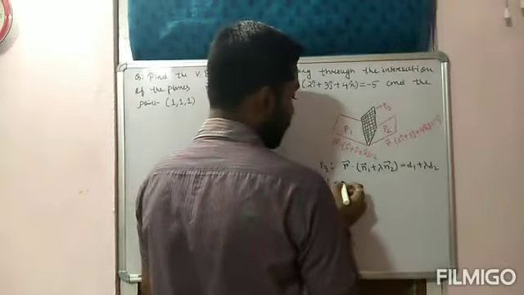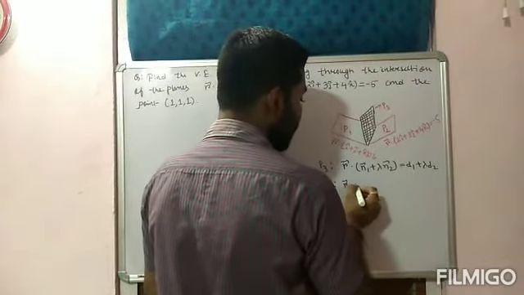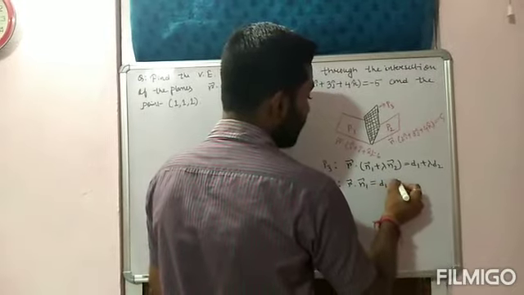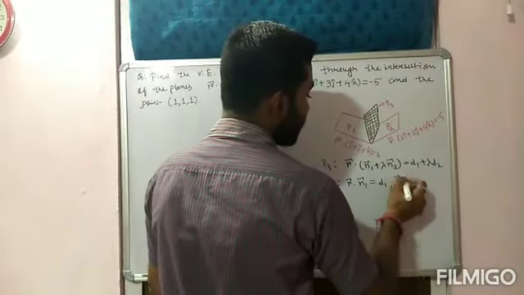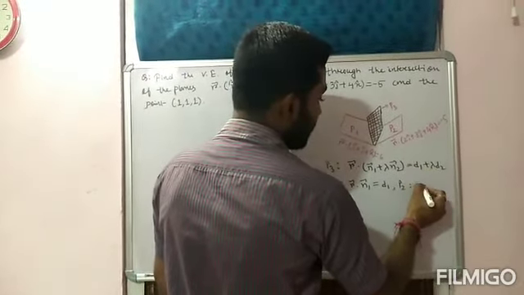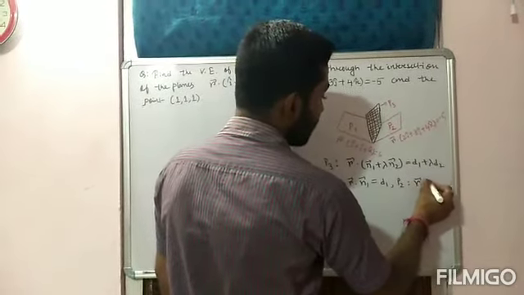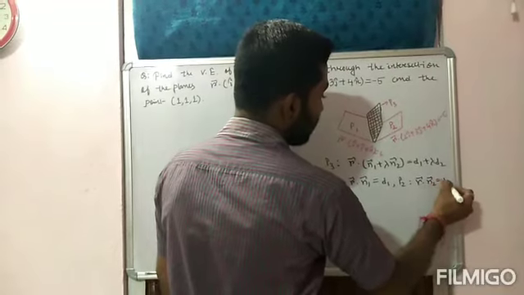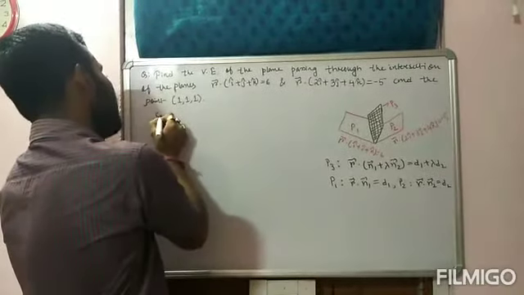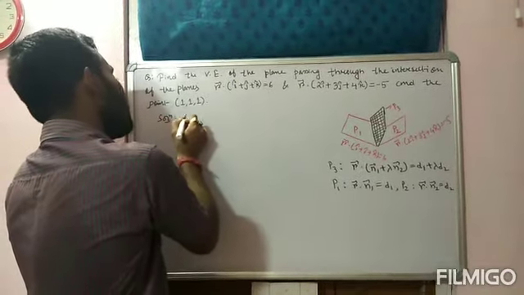So here the equation of the first plane is in the form of r dot n1 is equal to d1, whereas the equation of the second plane is r dot n2 is equal to d2. Okay? So clearly here the first two equations are given, which are in vector form only.